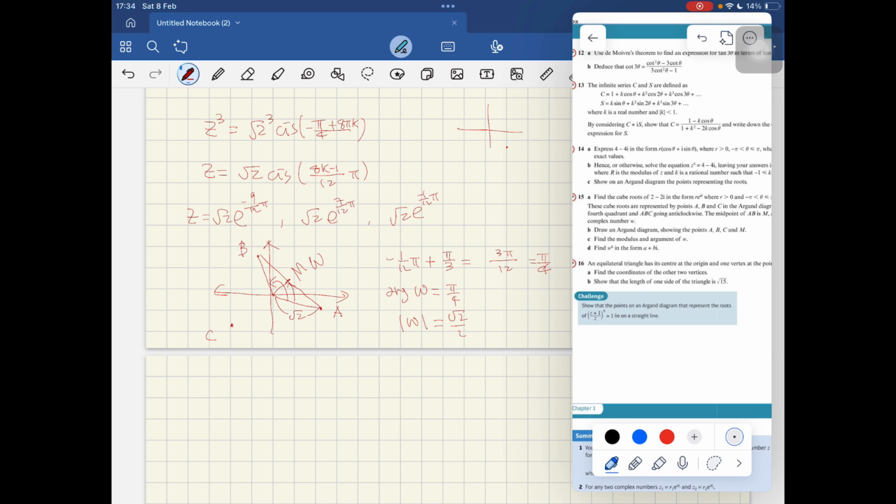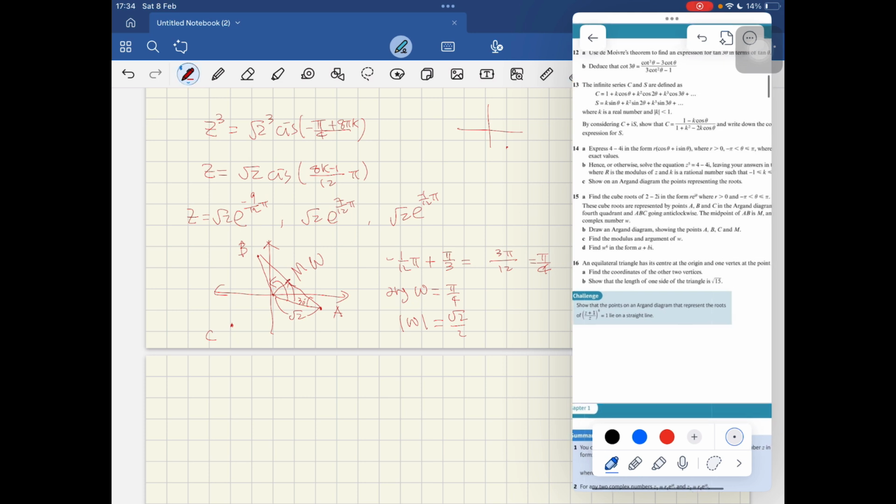We know this is 30 degrees and 60 degrees, so you can use sine, and so this is the one.